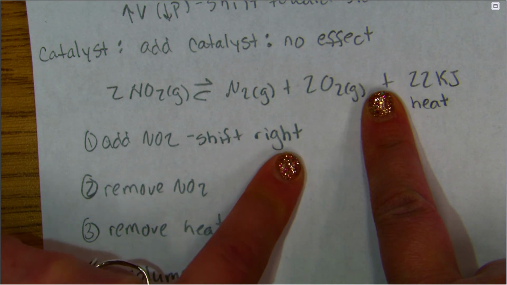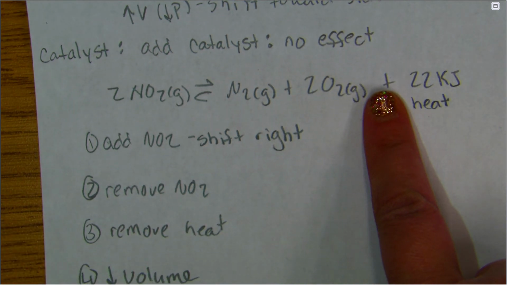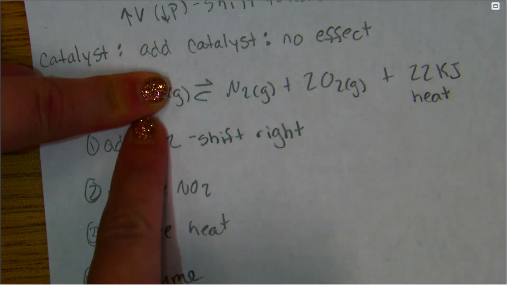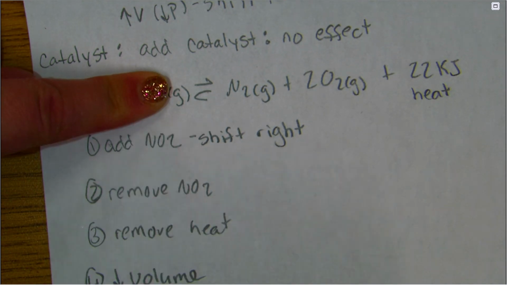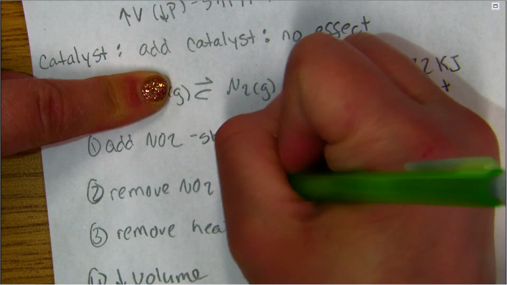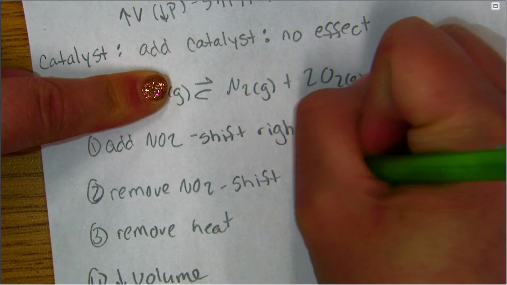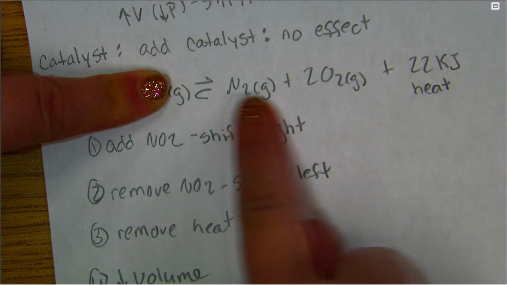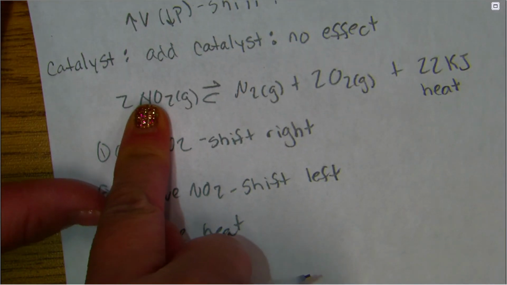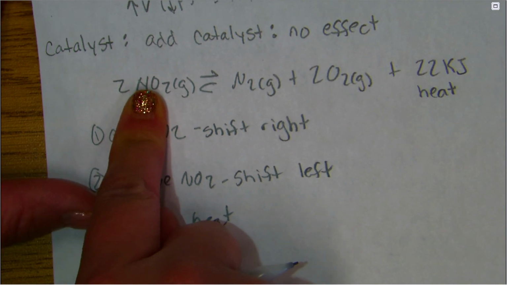Shift right. If I remove NO2, I take it out, so I need to replace what I removed. The only way to replace it is to make it. So this is going to be a shift left. These products will make NO2 to replace what I removed.